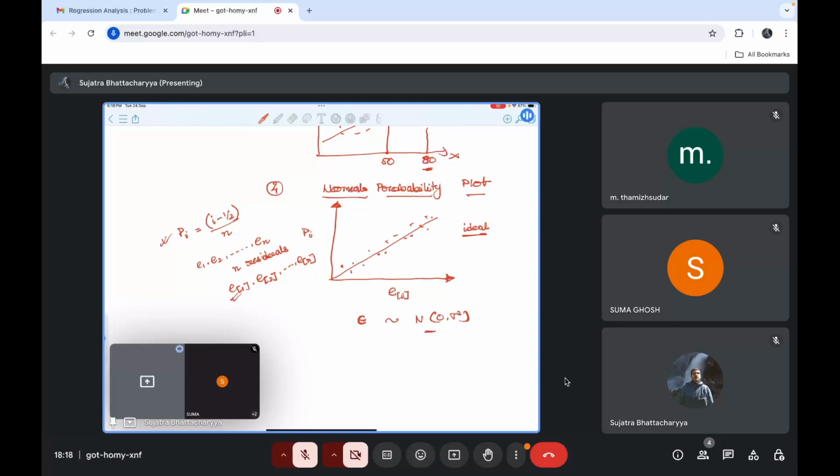So this is what the normal probability plot tells. It talks about the normality of the residuals. So the normal probability plot tells you about the normality of the residuals.